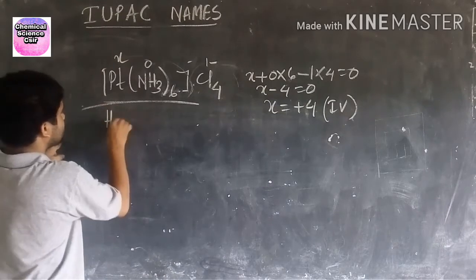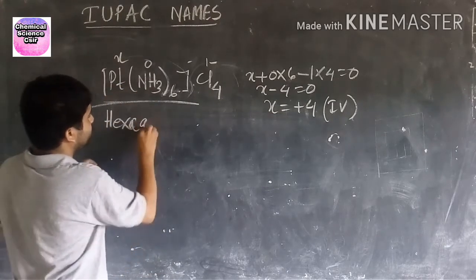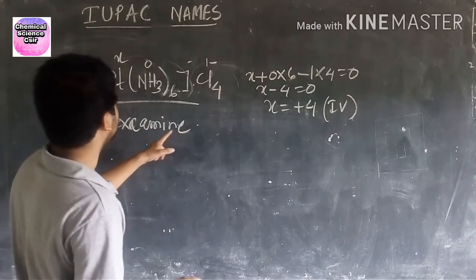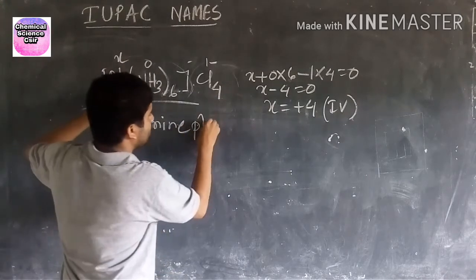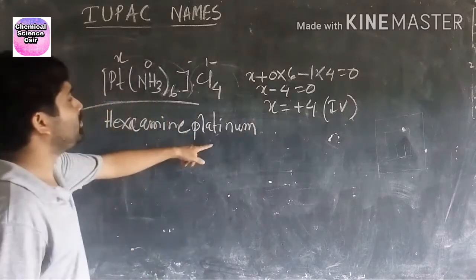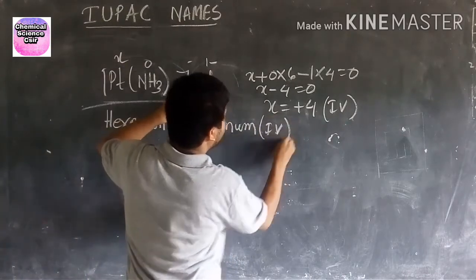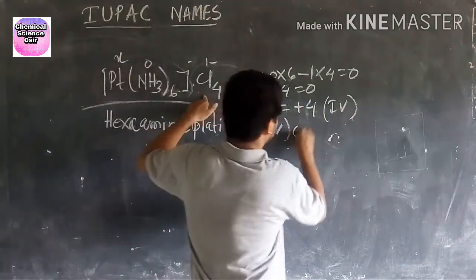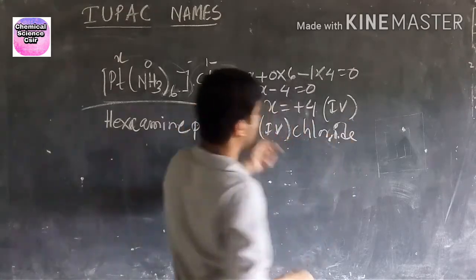Then write hexaammine platinum, oxidation number 4, then chloride.